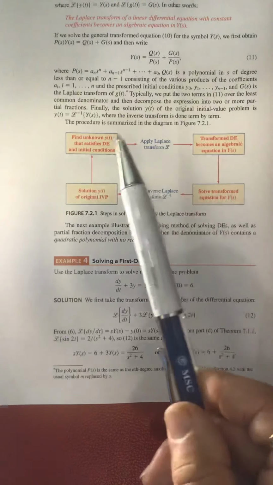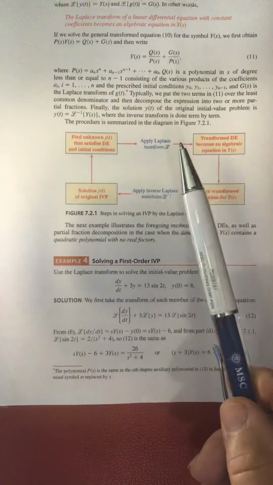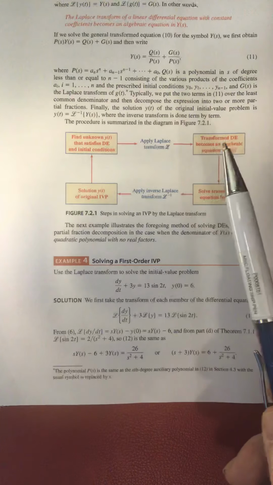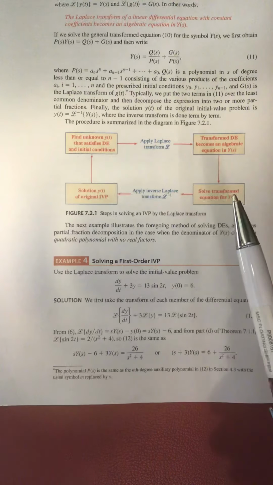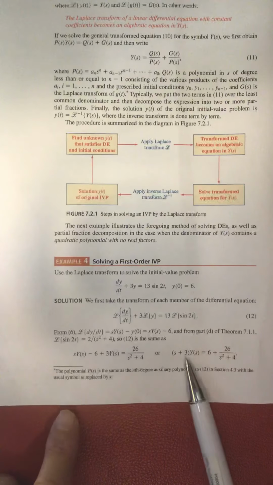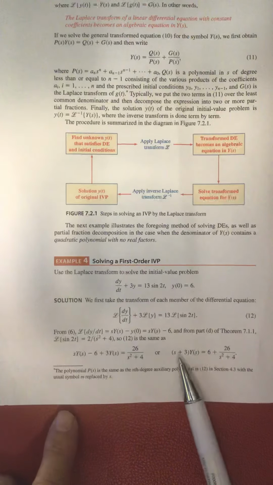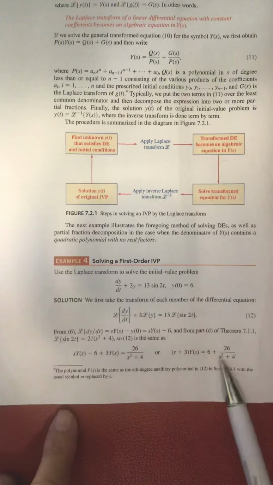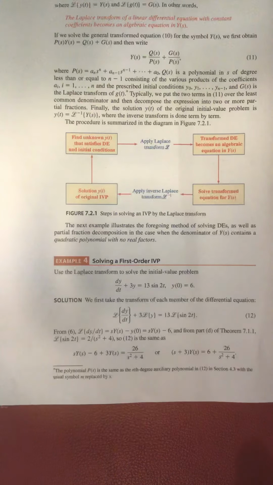So now there's the Laplace. Step 1. Take your differential equation, apply Laplace, and now you've transformed it. Now solve that for y of s. So here's y of s. So we get s plus 3 times y of s. That's not an s, so we're going to subtract it, or add the opposite to both sides.